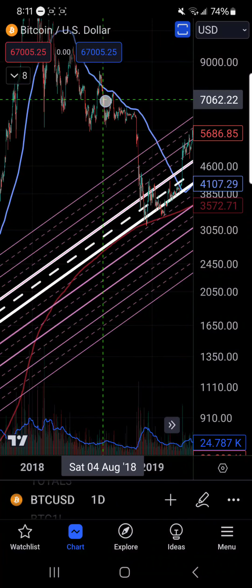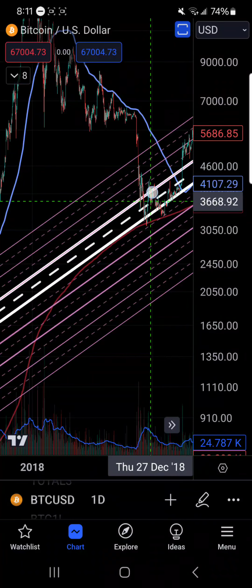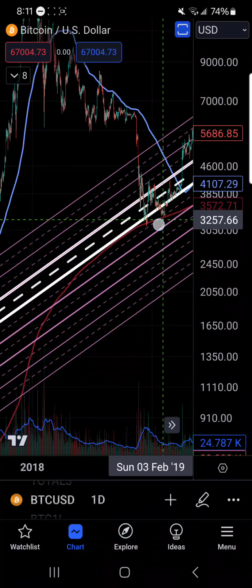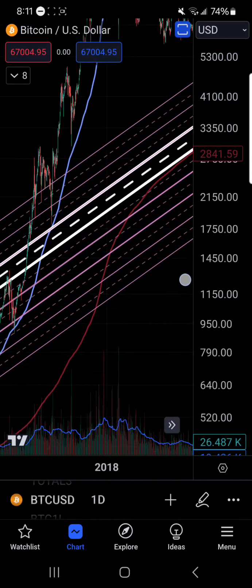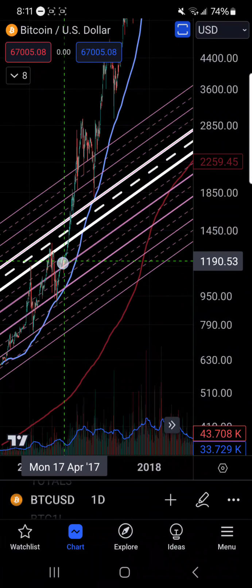And then when we did dump from 2017, 2018, this acted as support pretty much, although we wicked through it a couple times. And here you have it acting as resistance.